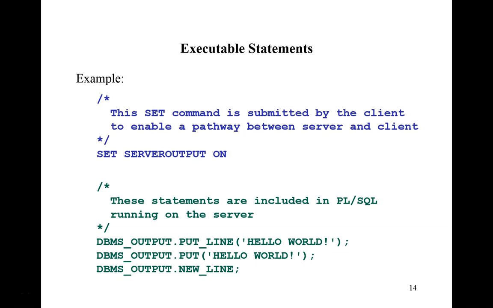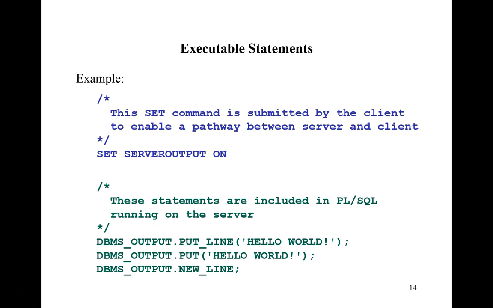Pass to it as an argument the character string hello world. That will cause the character string hello world plus a new line character to be inserted into the buffer. And provided we had set server output on, this would then be rendered on the terminal on the client machine.